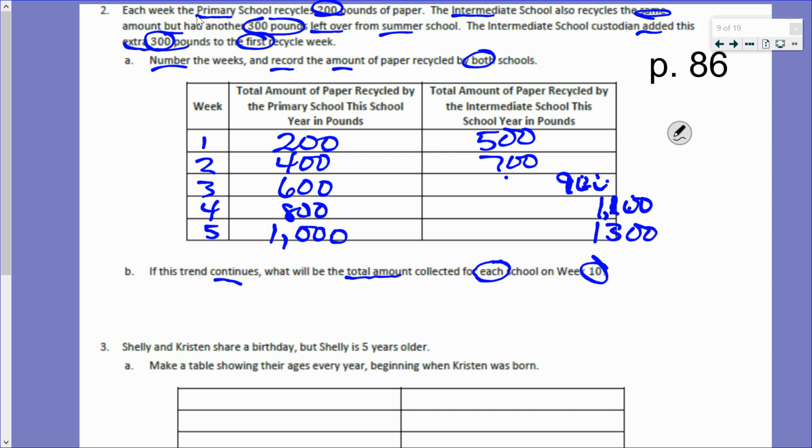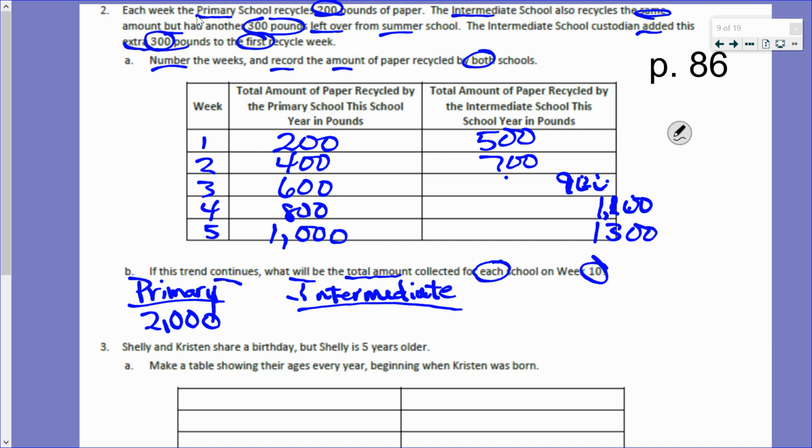So, week 10 for the primary school will be what? 2,000? 2,000. Everybody okay with that? Week 10 on the intermediate school will be 2,300?